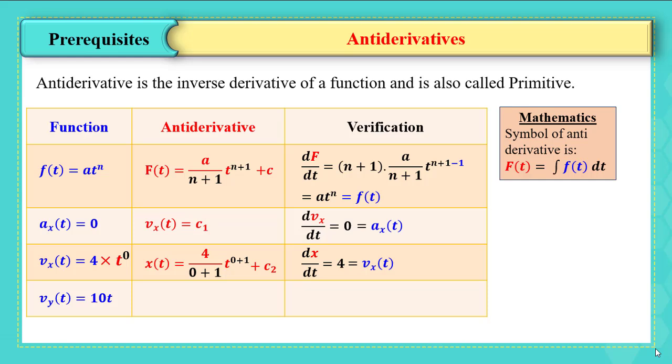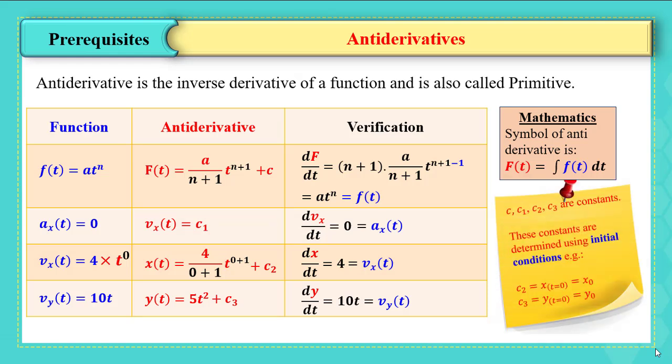Finally, the antiderivative of 10t, and we know that t here is exponent 1. Then, following the general rule mentioned above, we can say that it is 10 t squared over 2 plus c, which is 5 t squared plus c3. To verify it, make the derivative of this function, then we can say it is just 10t because the derivative of c is 0.